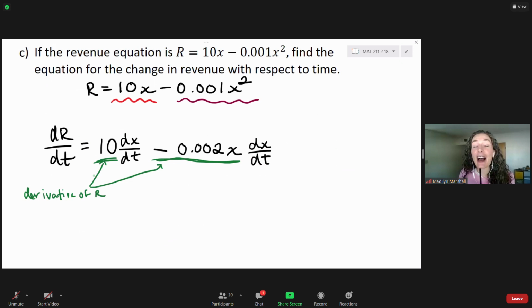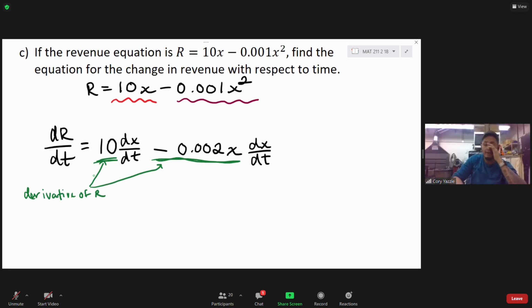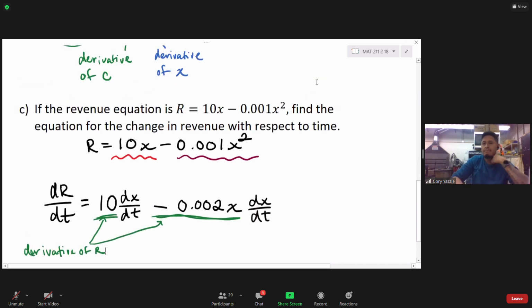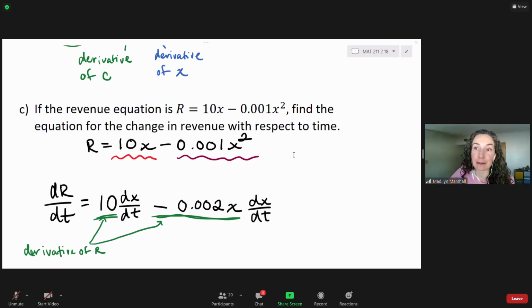Yes. And then when we take the derivative of x of t, that's the dx over dt, and then at the end we're just kind of multiplying that by the derivative of R equals 10x minus 0.001x squared. Yes, exactly. Okay.